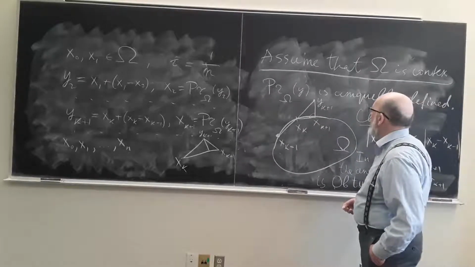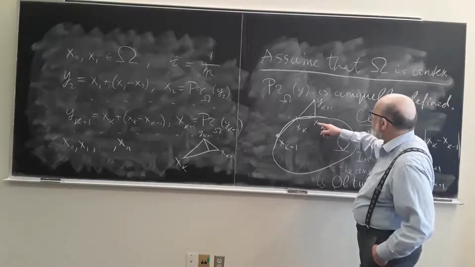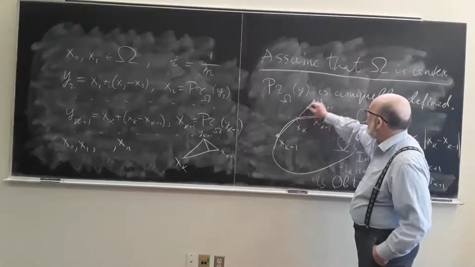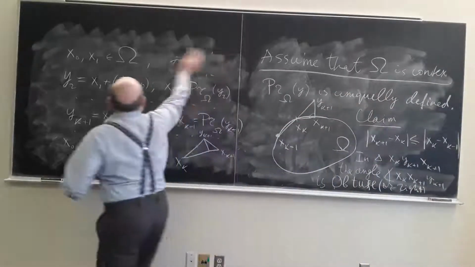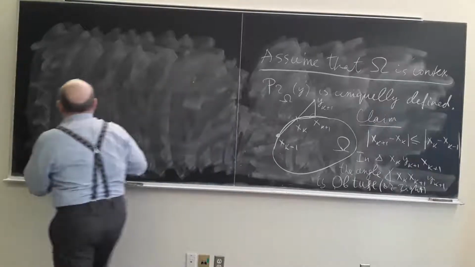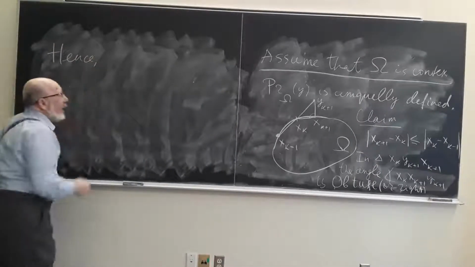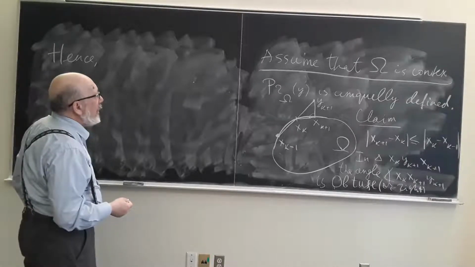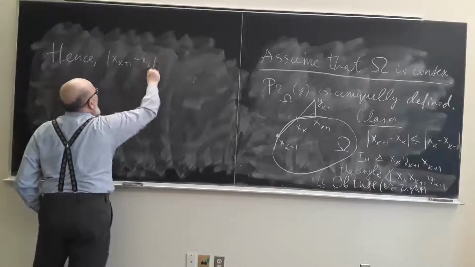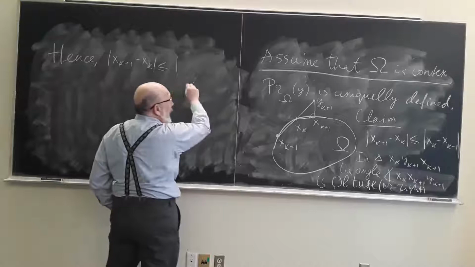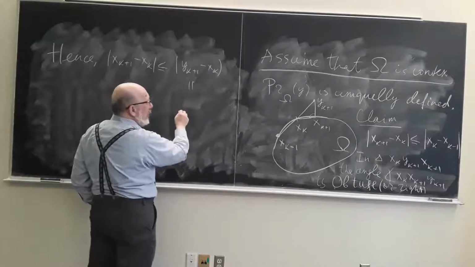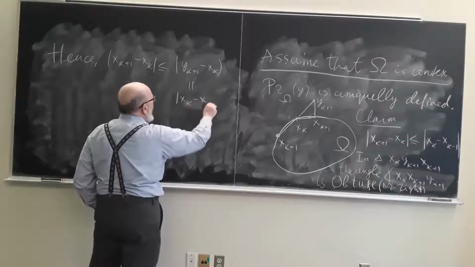If this angle is obtuse, then this side, xk plus 1 minus xk, is less than or equal to yk plus 1 minus xk, which is equal to xk minus xk minus 1.